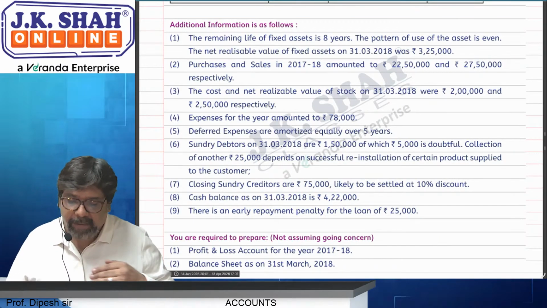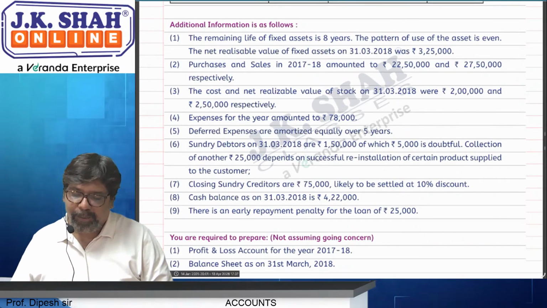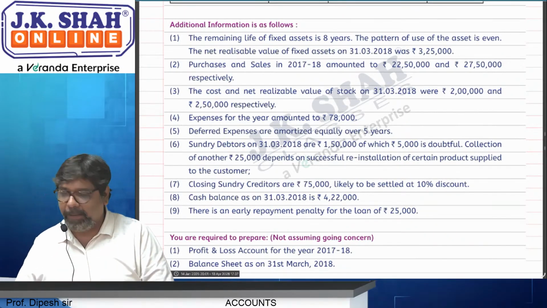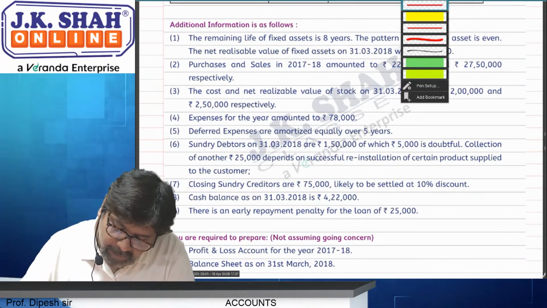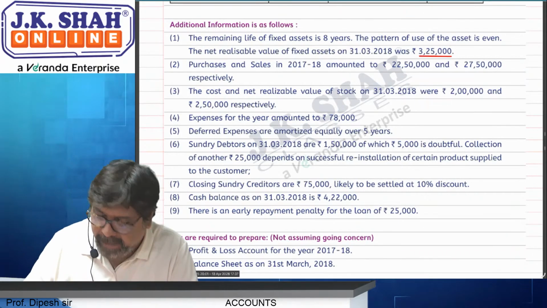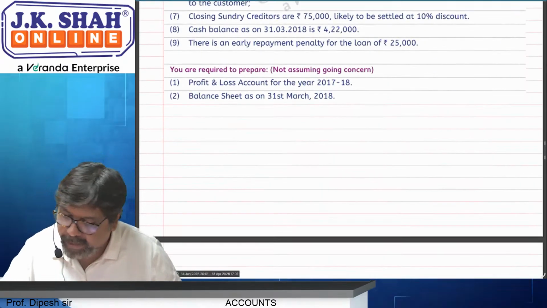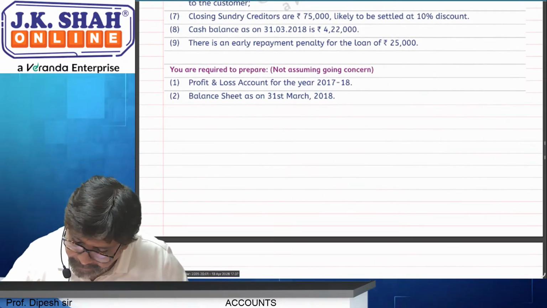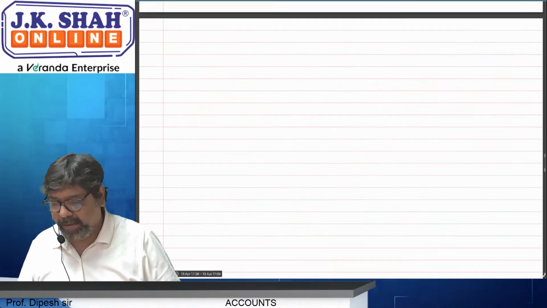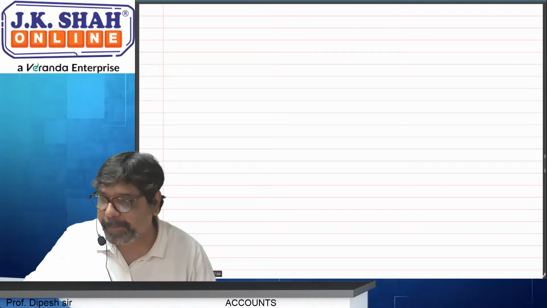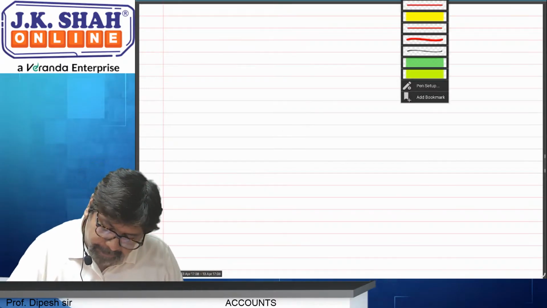The pattern of use of the asset is even. Even मतलब equal. The net realizable value of the fixed asset is 3,25,000. My wonderful chartered accountant, last में क्या बोला है? You are required to prepare not assuming going concern.